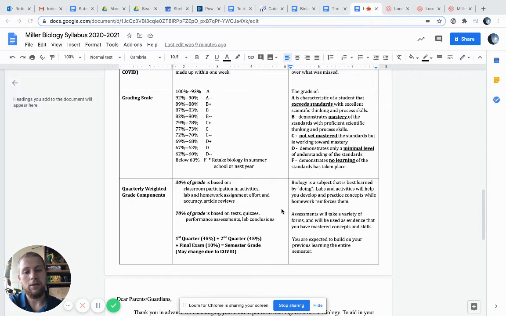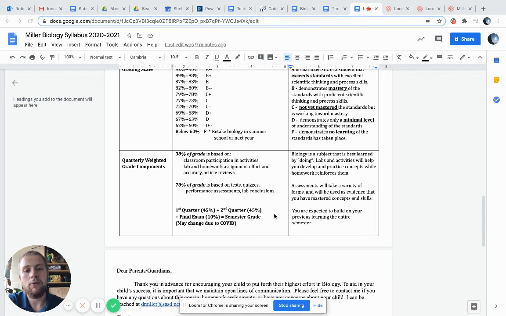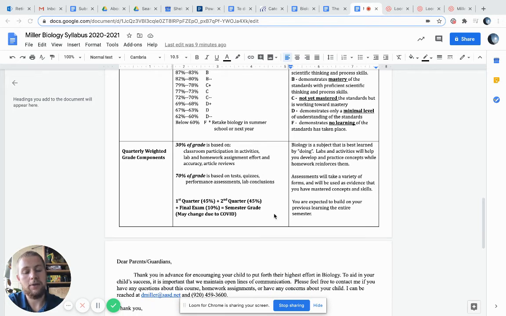And 70% of the grade is based on assessments, performance assessments, so tests, quizzes, lab conclusions, so actually interpreting the results of a lab. That's a little bit different from participating in the act of doing the lab. All right, so assessments can take different forms: labs, quizzes, tests, and so forth.